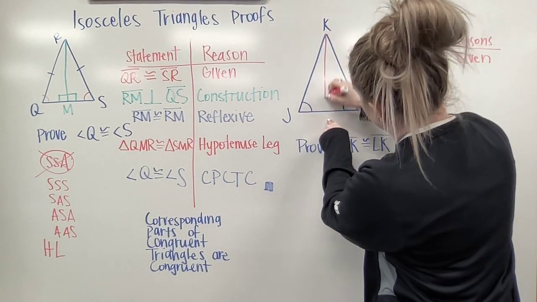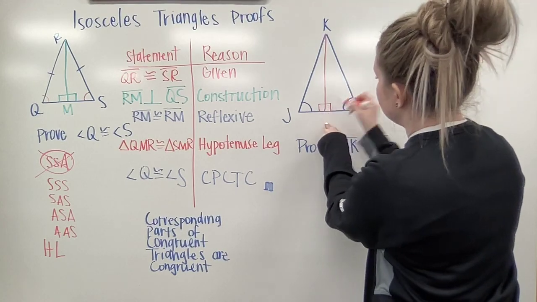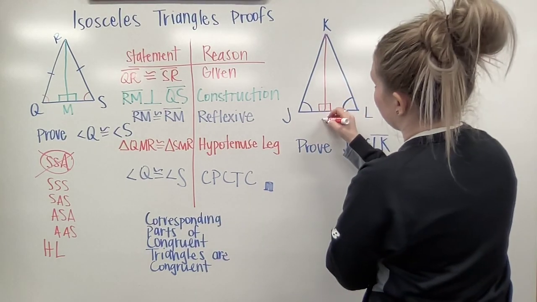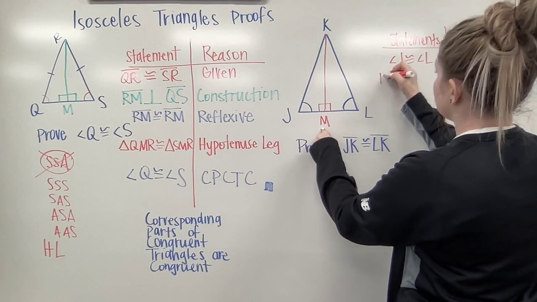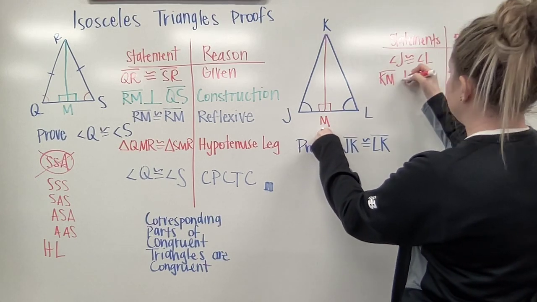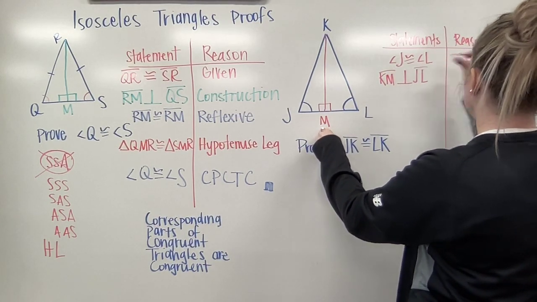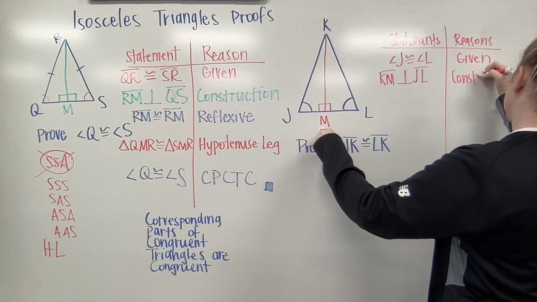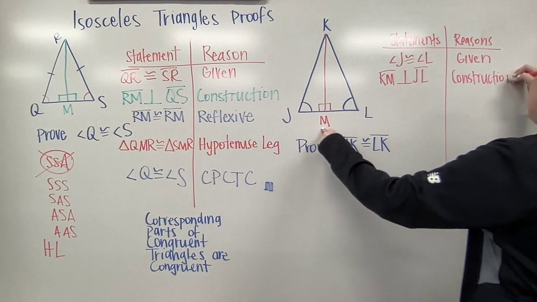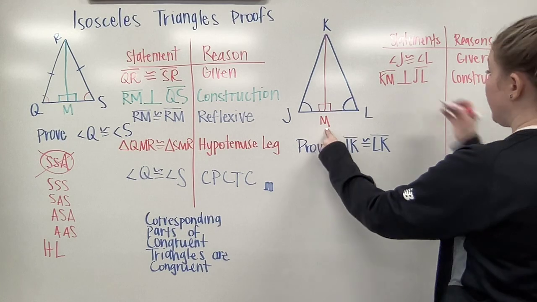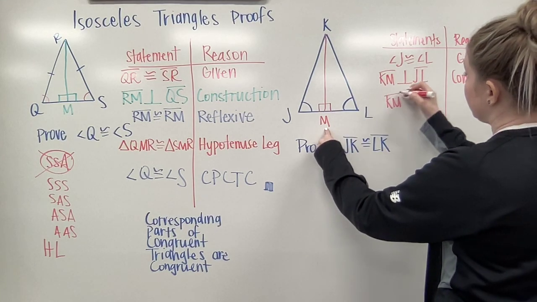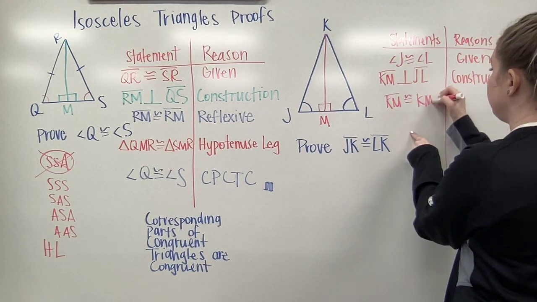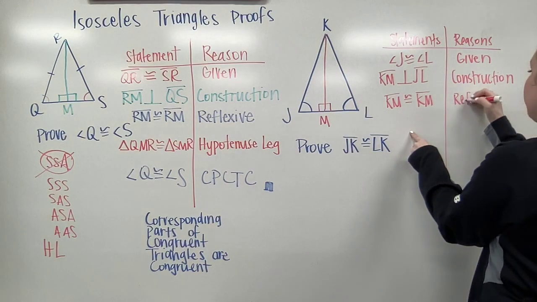I'm going to introduce my line that is perpendicular, and I'll call this again M. So line KM is perpendicular to JL, and that is by construction. I made it. Now I know that KM is congruent to KM because of the reflexive property.